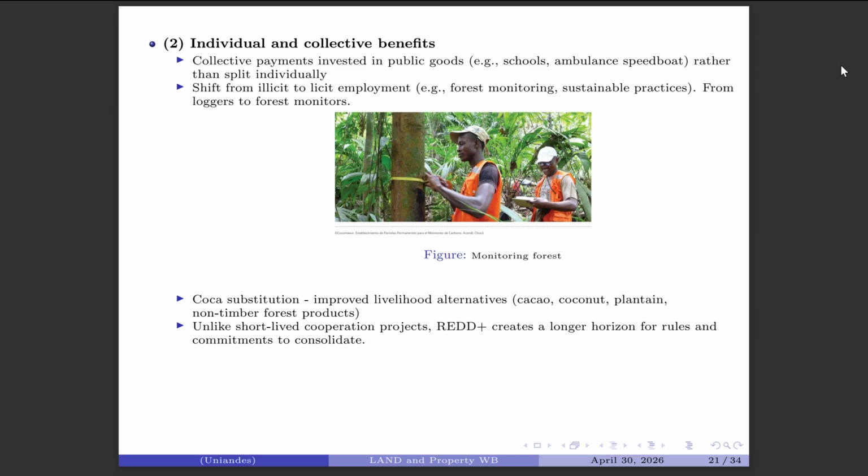Another specific individual incentive is a shift from illicit to licit employment. Today, the loggers are the forest monitors. So they now have stable employment, and they can do all the patrols in the zone.